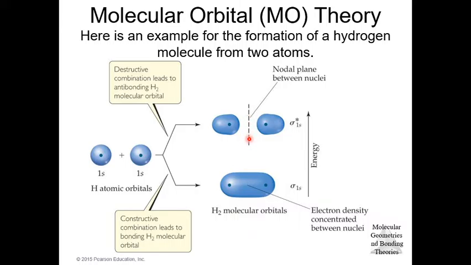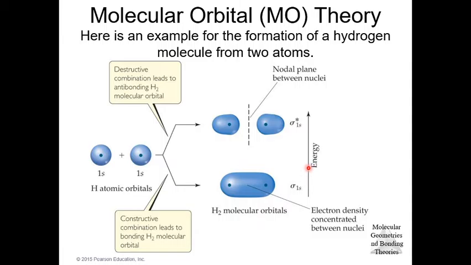So the question is, which orbitals are occupied and which are empty? Remember, each orbital holds 2 electrons. So I have a total of 2 electrons from my 2 hydrogens. So my bonding orbital will be full with 2 electrons, and my anti-bonding orbital will be empty. So I have a stable molecule for my hydrogen molecule.